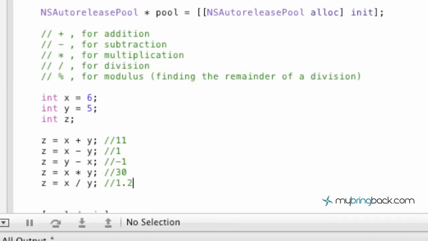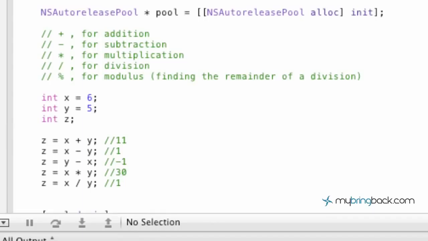However, since we've used the integer variable type up here, this is actually going to equal 1, because as you guys remember with variables, the integer is going to be whole numbers, so we're not going to have any decimal values within there.